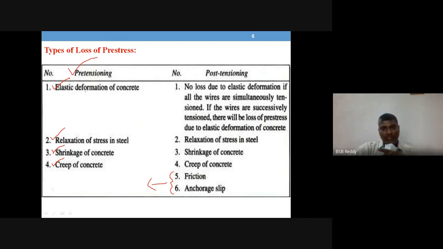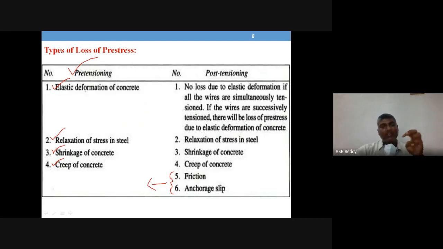Hence, you don't find any frictional losses in pre-tensioning members. Similarly, anchorage slip will not be there at all because you don't use anchors. Once the member is pre-tensioned, we cut the tendon, and the tendon stays in the concrete, and you don't need any anchor to hold it. The bond between concrete and steel itself serves the anchorage purpose.